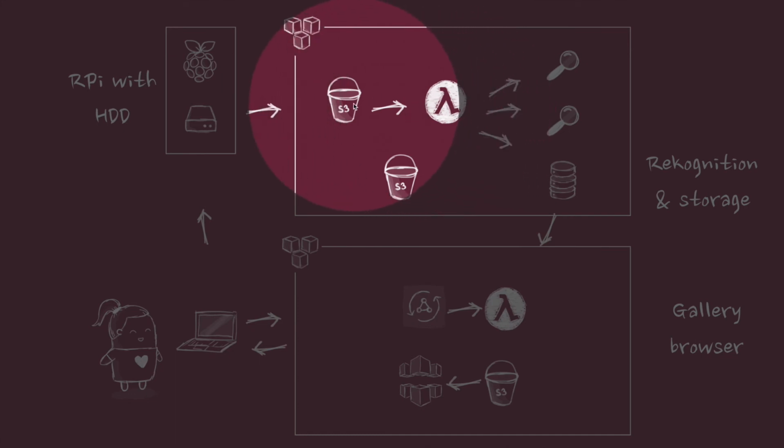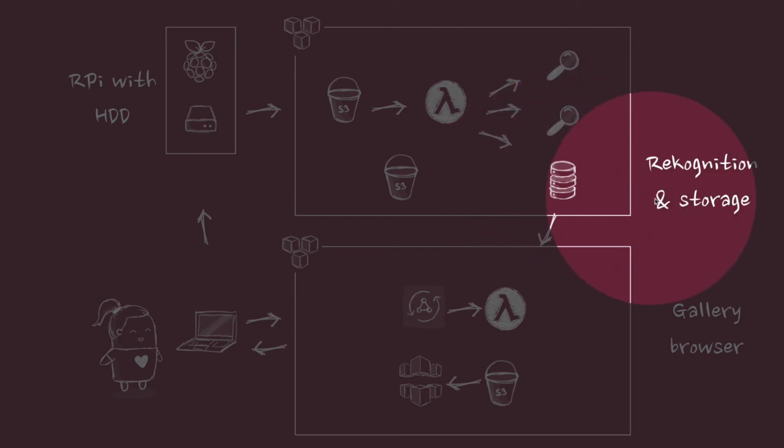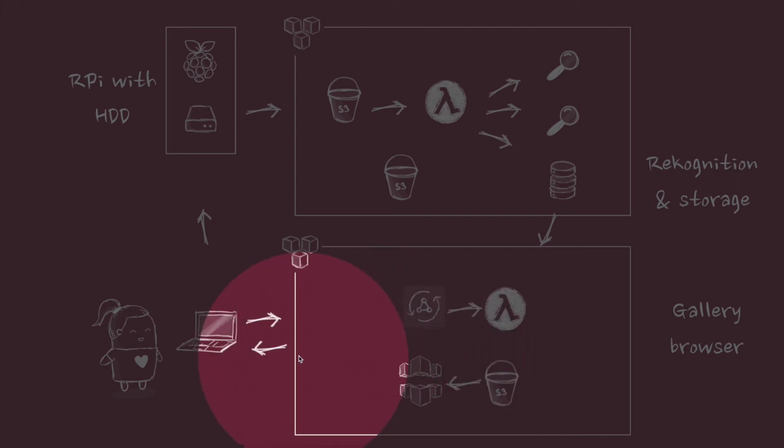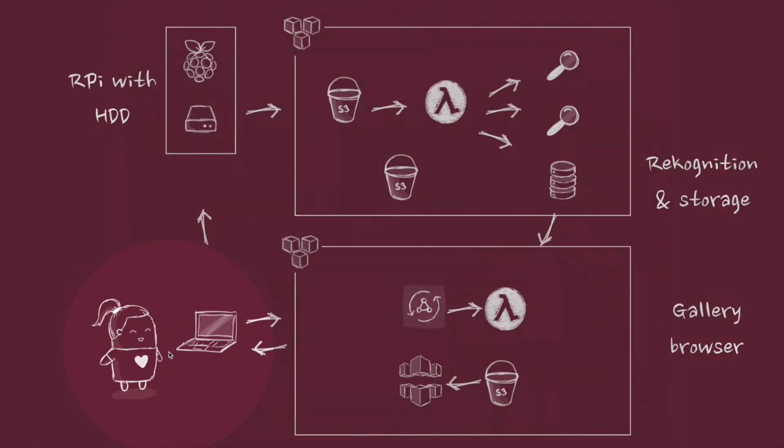Then there's a trigger, so whenever a preview image appears in the bucket, it will trigger a Lambda function that will run recognition for faces and objects, and then store the data into DynamoDB. And then when we want to browse those images, we have a Lambda function and an AppSync connected. And then we have a photo browser for the web.